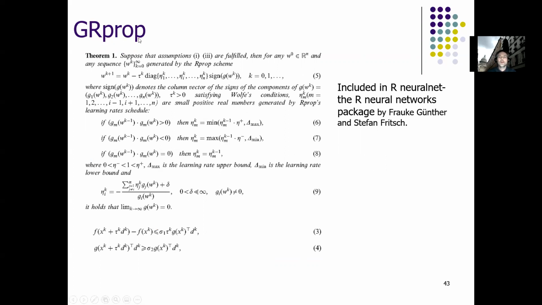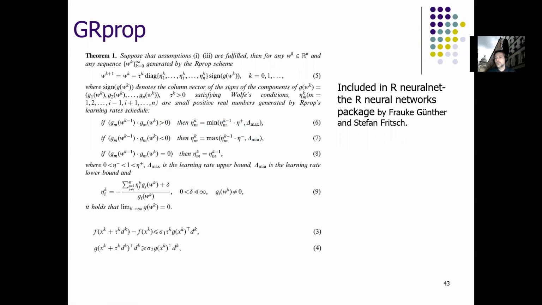It's called global RPROP, or GRPROP, which uses exactly the same idea for the increase or decrease of the learning rate, but it also uses an extra trick to guarantee that the algorithm will always converge to a desirable solution.